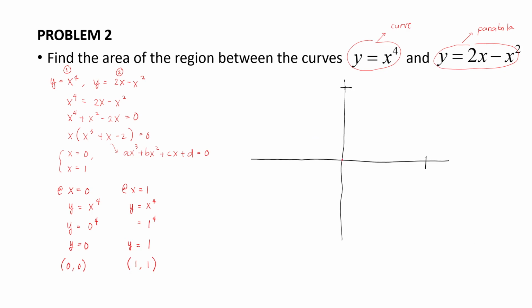So the first one is at 0 and 0. Then this one is at 1 and 1. Okay, so for y equals x to the power 4, since y is linear, meaning it is opening above. So that's the shortcut for parabolas, where one is linear and the other one is not linear.